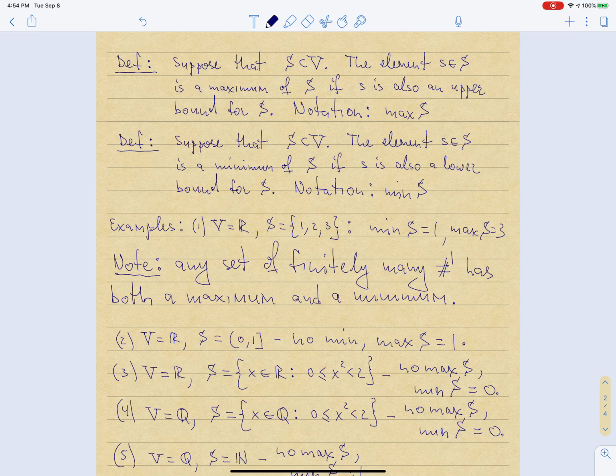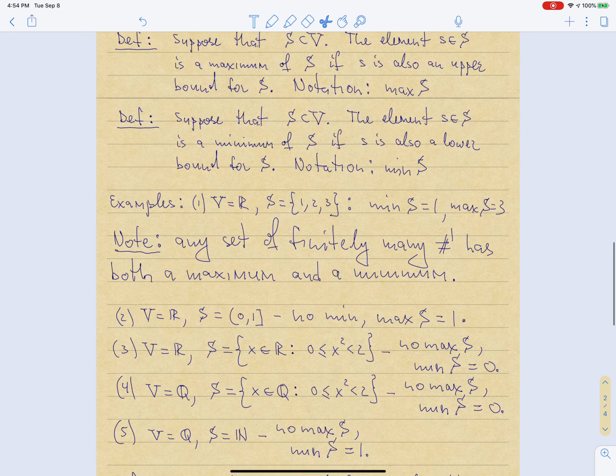Because that's what it means to be an upper bound, so we will denote this by max of S. Again, you can give a symmetric definition. If you have an element which is also an element of your set, which is also a lower bound, then it is called a minimum and denoted by minimum of S.